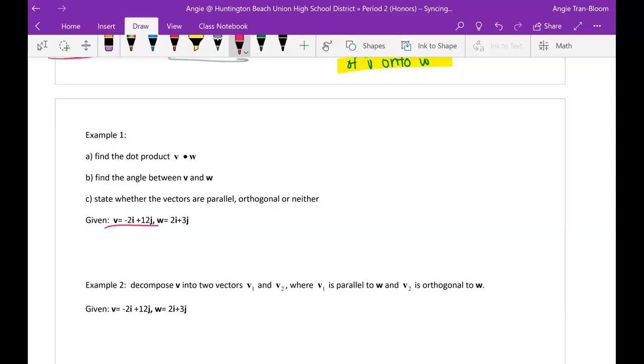The dot product, if you remember just a minute ago, is the first component of v times the first component of w, plus the second component of v times the second component of w. So negative 2 times 2 plus 12 times 3. This is negative 4 plus 36, so the dot product is just a constant, and that gives me 32.